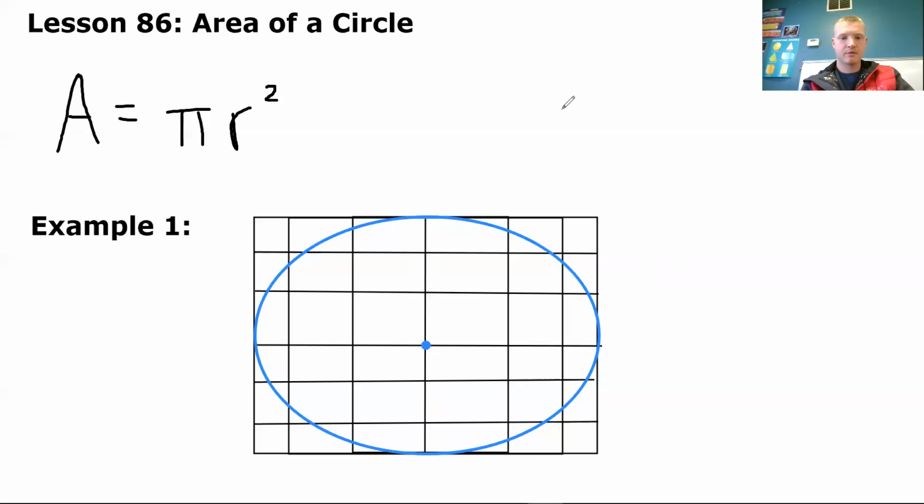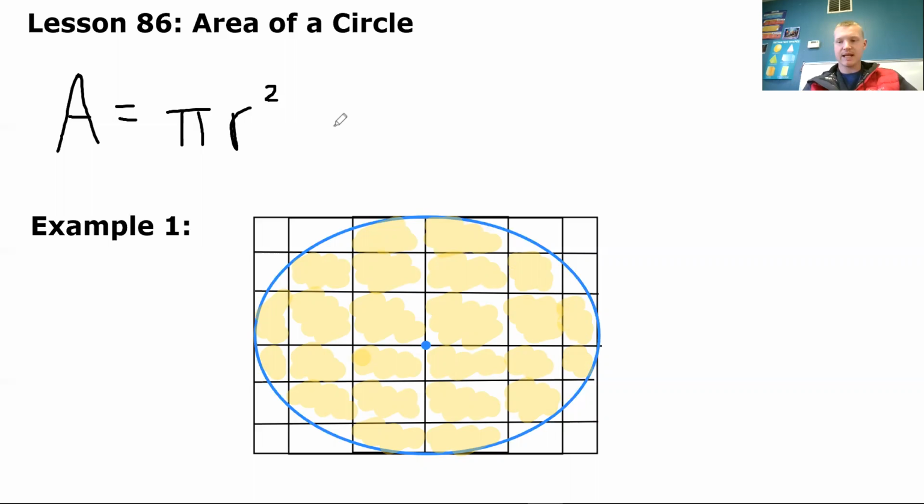Okay, so we have 1 up here, 2 here, 3, 4, 5, 6, 7, 8, 9, 10, 11, 12, 13, 14, 15, 16, 17, 18, 19, 20, 21, 22, 23, 24. Okay, so 24 boxes inside there.